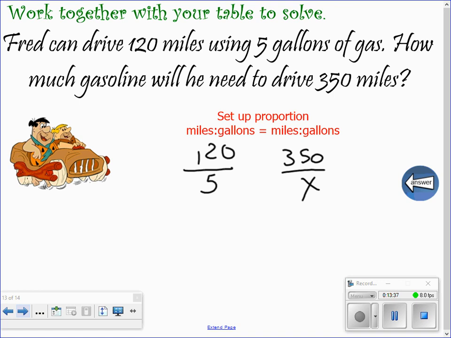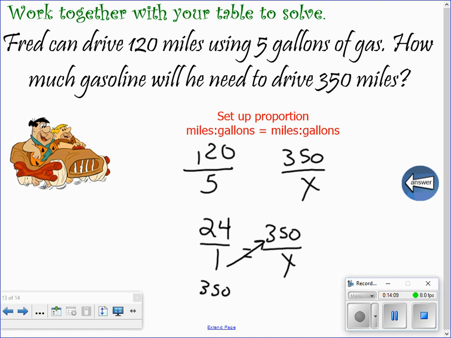Now, what I would recommend here is simplifying this fraction first. Simplify before you start multiplying across. 120 over 5 can be simplified. 5 goes into 120 24 times. So we can simplify that to 24 over 1 equals 350 over x. That might be helpful for us because then I'm dealing with smaller numbers. So 350 would be here.